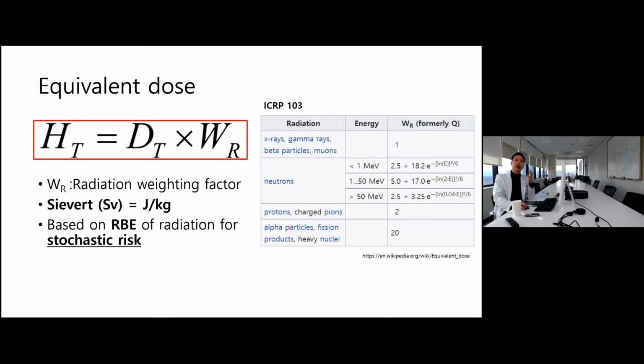So it has been shown that different weighting factors should be applied for different ionizing radiations. For alpha particles, it is up to 20 times more than X-rays or gamma rays. And these weighting factors are based on the RBE, which was discussed previously, of radiation for the stochastic effect risk.